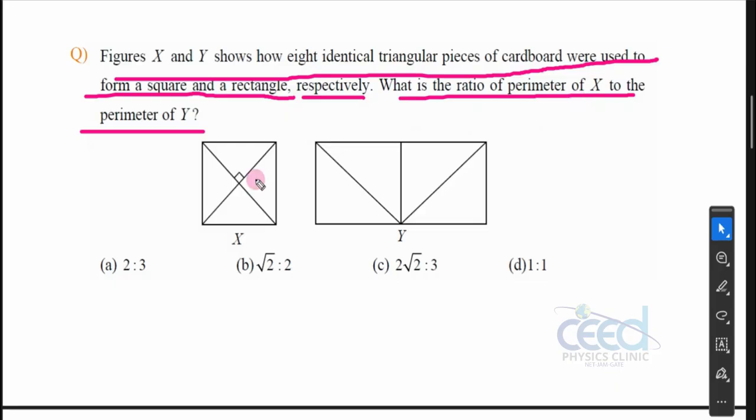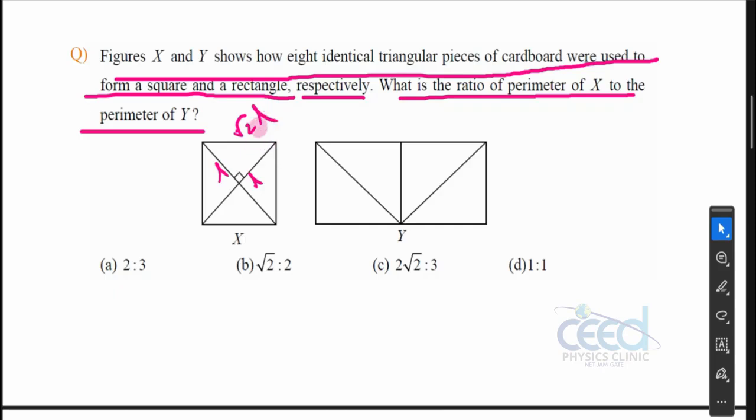See, here is L. Here L, because we can take the square diagonals as equal in length. If this is L, this is L, what about this length? Root 2L, right? Am I right? So this is root 2L.